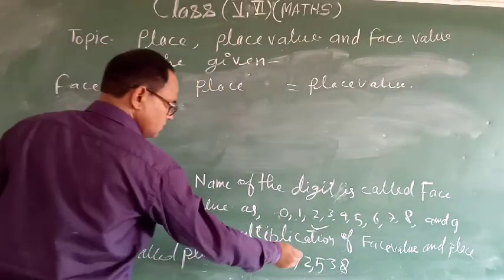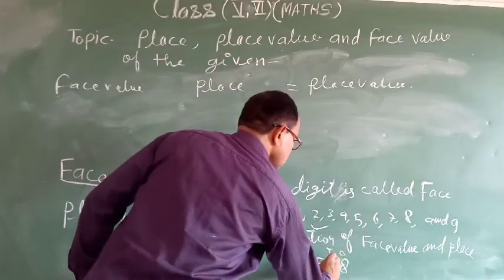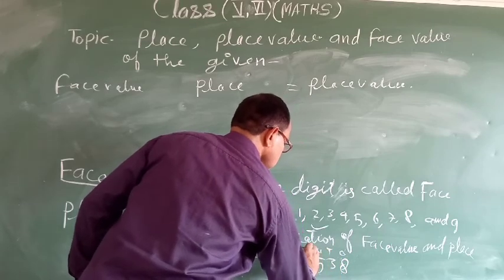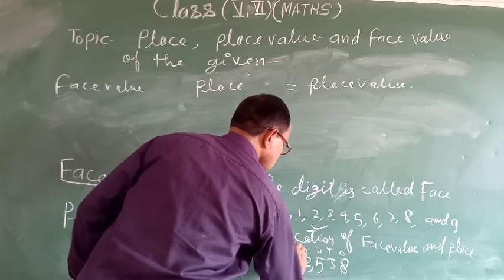Here ones, tens, hundred, thousand, 10,000.